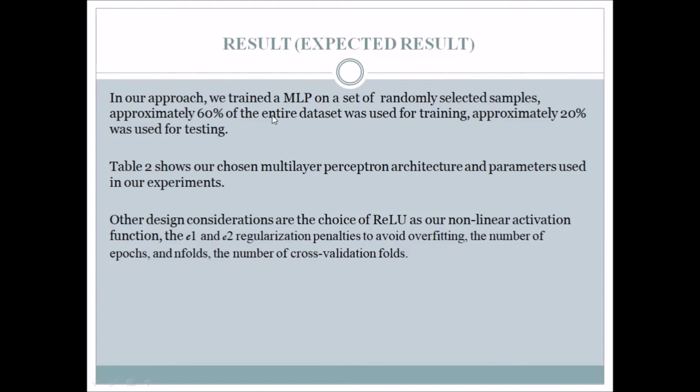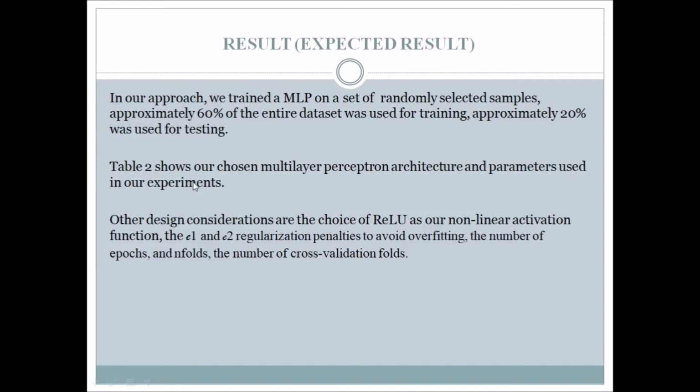In this research, it is expected that the MLP, multi-layer perceptron, is used to train on a dataset. On a randomly selected sample, approximately 60% of the entire dataset was used for training. Approximately 20% was used for testing.